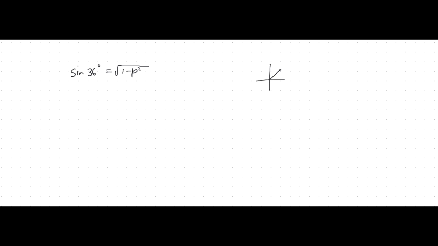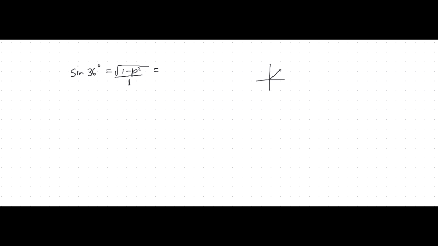So in the first quadrant, what you need to note, everything is positive. Your x is positive, your y is positive. So these types of question, when you are given something like this, the first thing that you need to note is that you need to put the ratio that you're given in terms of x, y, and r. In this case, we have sine, and you can write it as a fraction as well. So if you're writing it as a fraction, you can just divide it by 1.